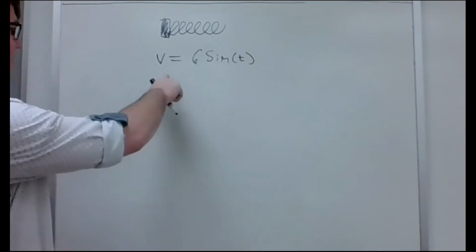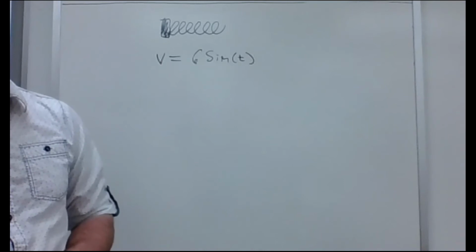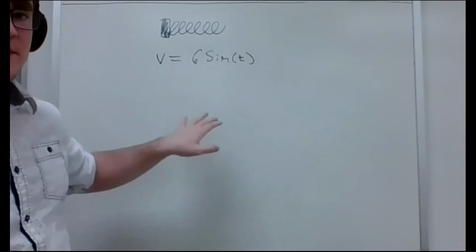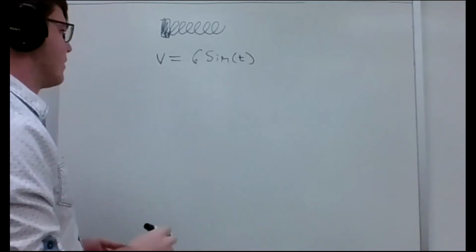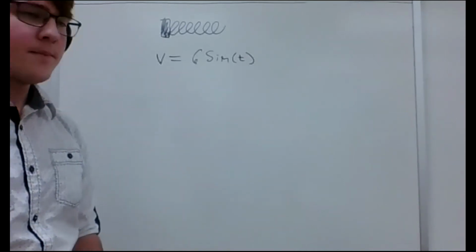But so for a maximum or minimization problem, we always just have to remember that we're going to be setting a derivative equal to 0 somewhere in here. So we're basically going to take the derivative of this and set it equal to 0.